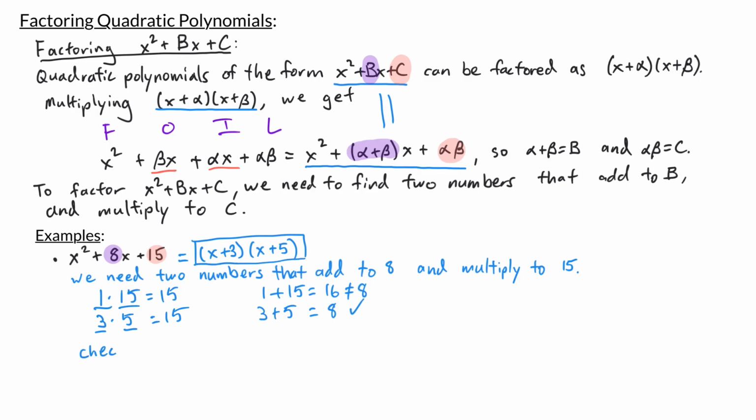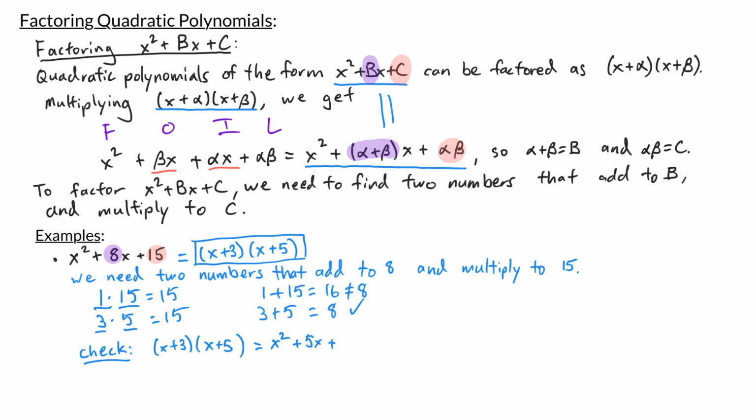We can check that this factorization is correct by doing the multiplication and seeing if it matches up with x squared plus 8x plus 15. So if I take x plus 3 and multiply it by x plus 5, well, using the FOIL method, the first terms multiplied together would be x squared. The outer terms are x and 5, so their product is 5x.